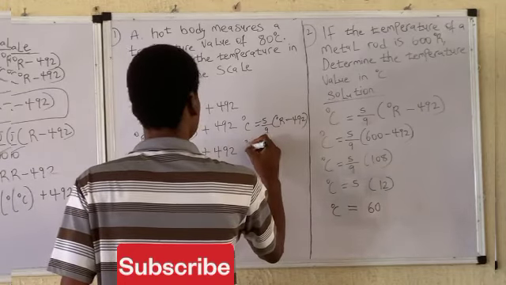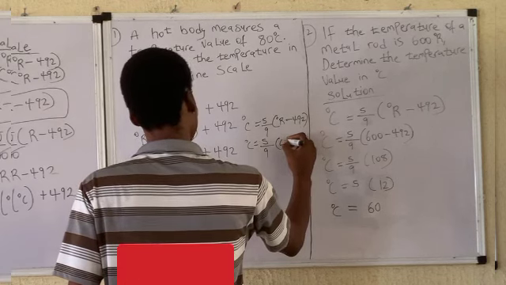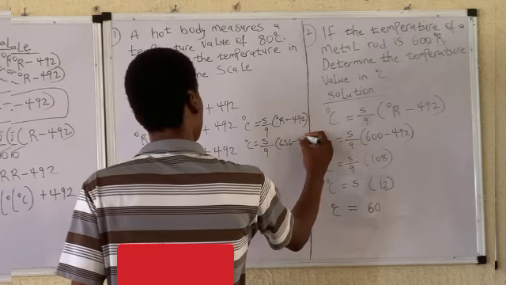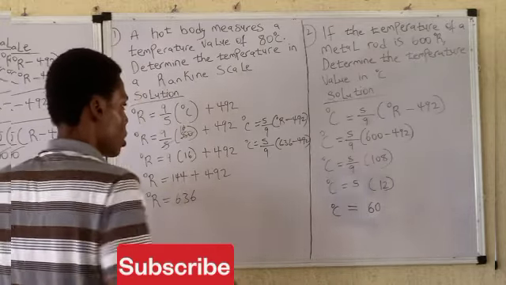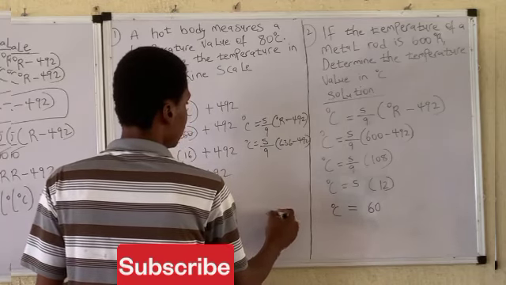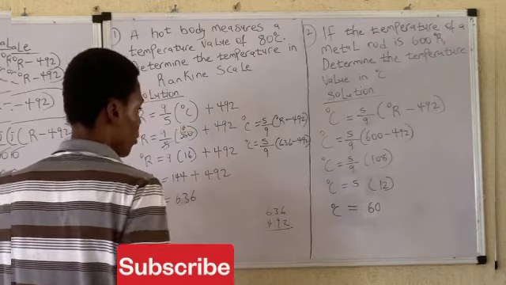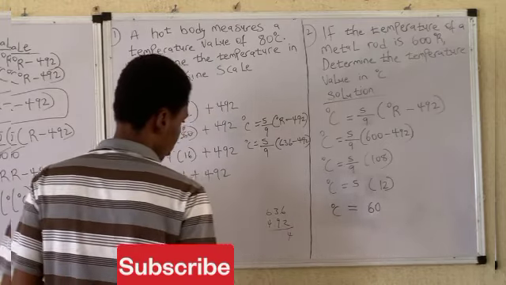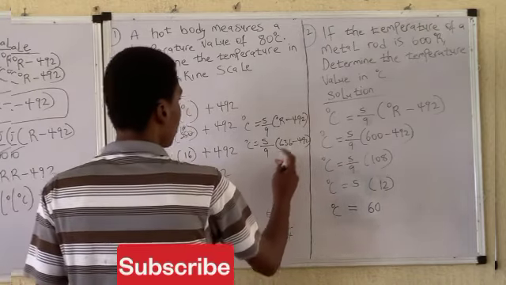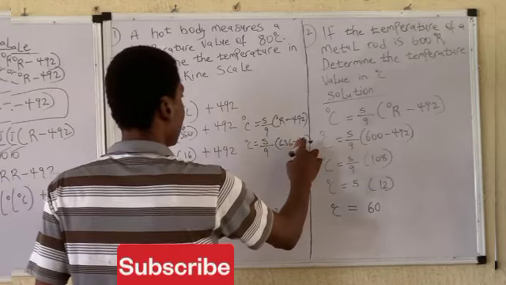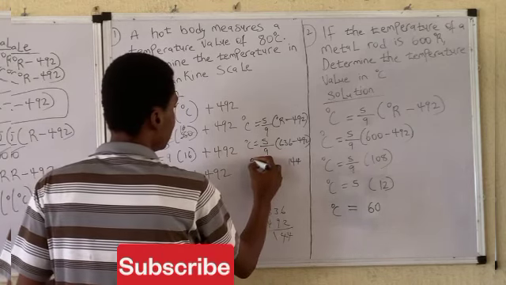So we say degree Celsius equal to 5/9 in bracket 636 minus 492. Now what do we do? We find solution to the bracket. So we subtract what is in the bracket. 636 minus 492. So what do we have? 636 minus 492 is equal to 144.